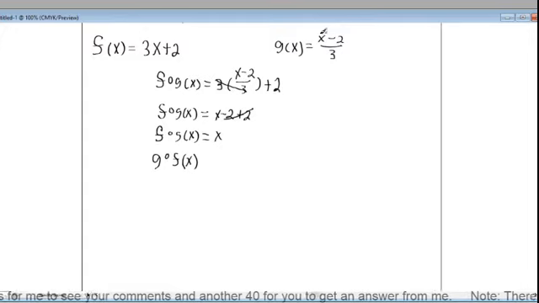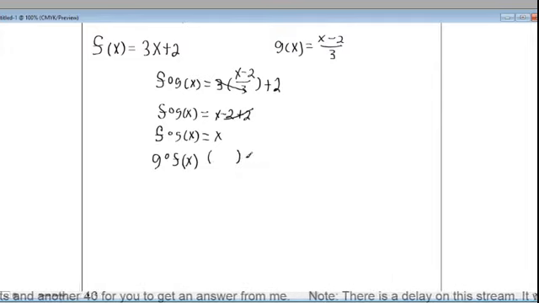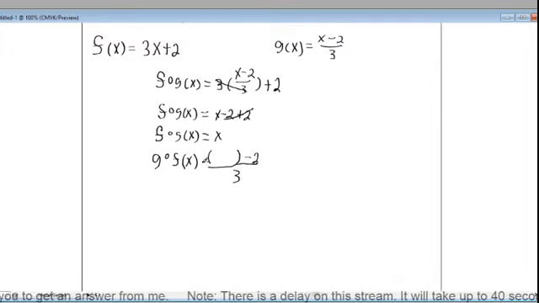So g is x minus 2 over 3. So again, we're going to open up parentheses to plug things in for x. Minus 2 over 3. Oops, forgot my equal signs here. Okay, and then plug in f here and for x.